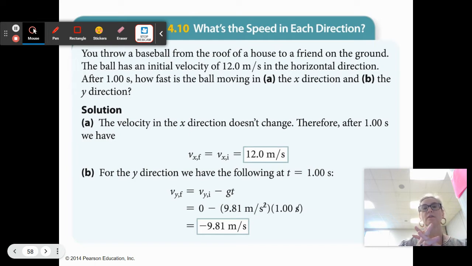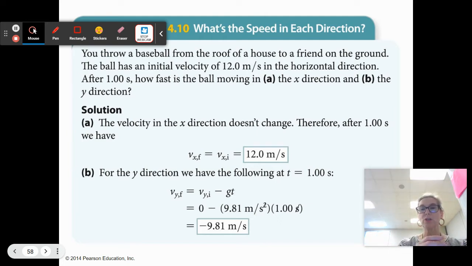Okay, so the velocity of x doesn't change. So its final velocity in the x direction is exactly the same as what it started with, because the only thing acting on that ball is gravity, and gravity is acting down. So its velocity in the x direction is going to stay constant.